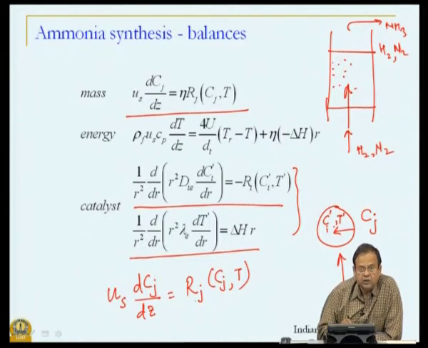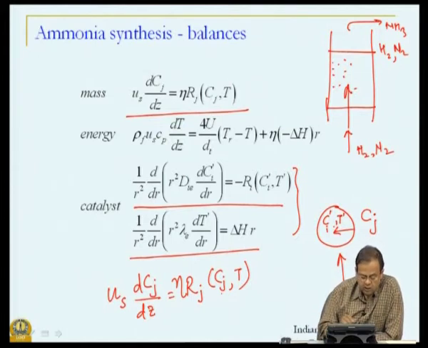This would have been the balance if the reaction was taking place in the bulk, or at least at the bulk conditions, but the reaction is taking place at concentration Ci prime and T prime, and that is where we bring in the concept of effectiveness factor, and we say that the reaction rate is actually eta times Rj of Cj and T, and that is the mass balance.